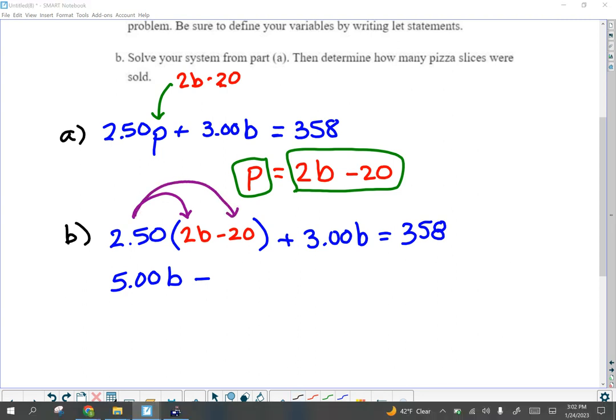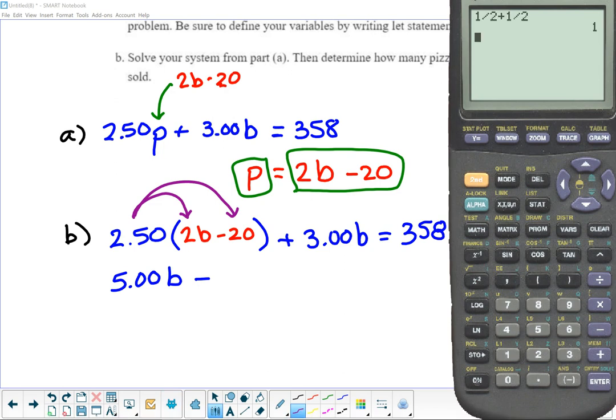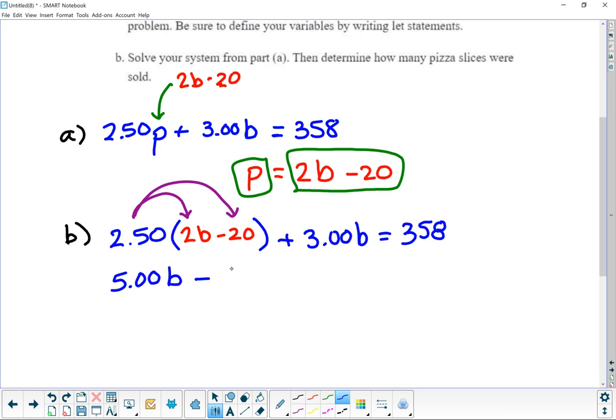If you need a calculator, pull it up. 250 times 20 gets you 50. So minus 50. Then copy the rest down: $3B equals $358.